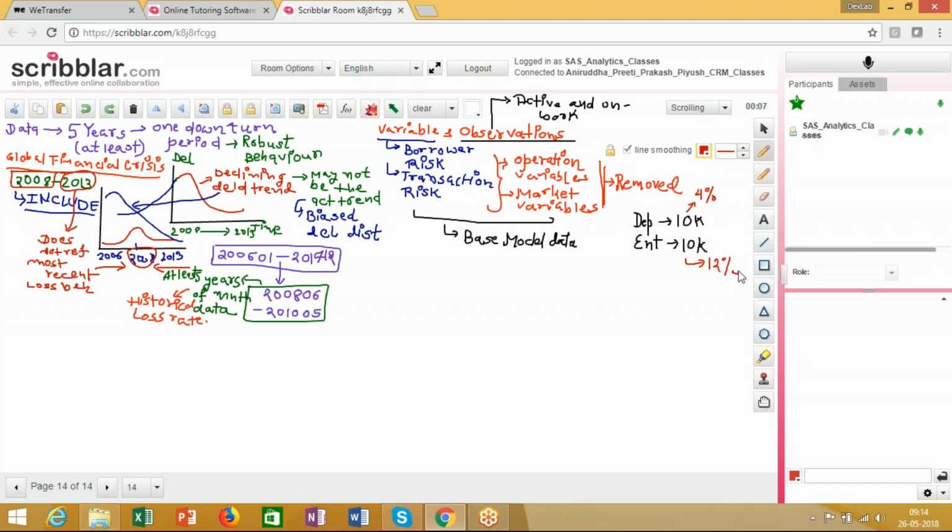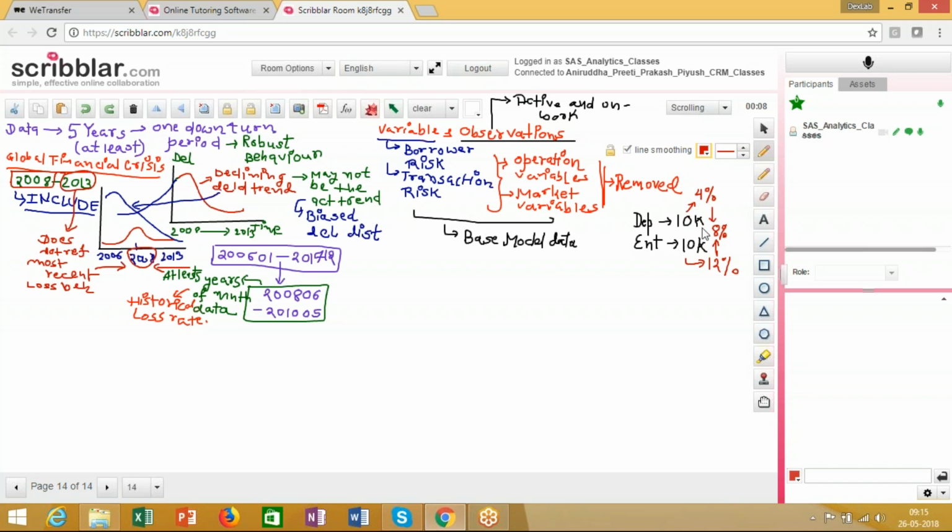Assuming that the entrepreneur pays back the entire money, the profit of the bank will be the interest differential of 8%. It is this interest income that the bank earns.